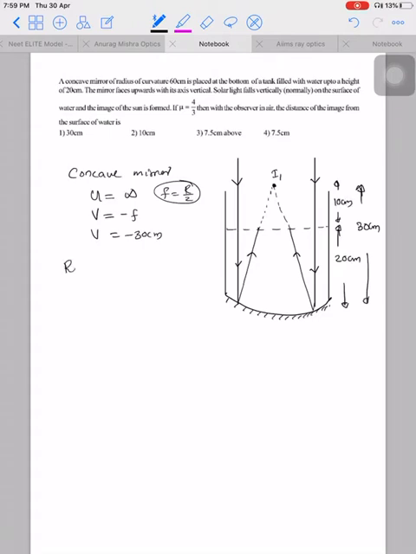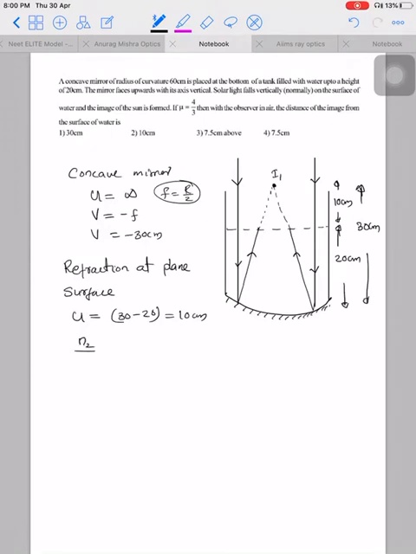So for refraction at a plane surface, I1 is the object. Therefore, object distance u is equal to 30 minus 20 is equal to 10 centimeter, which is measured from the plane surface and it is in the upward direction, in the direction of incident light, therefore positive.